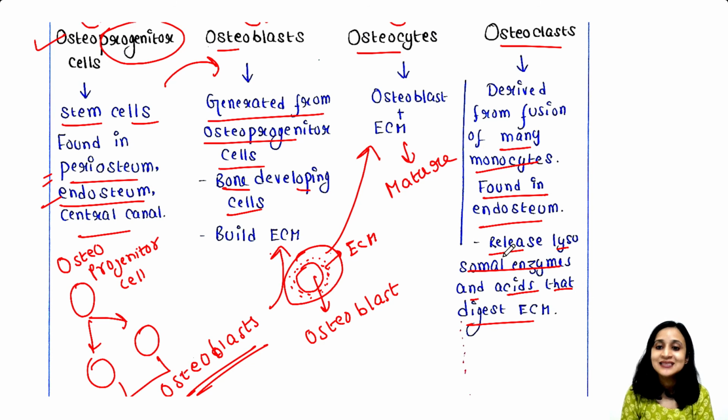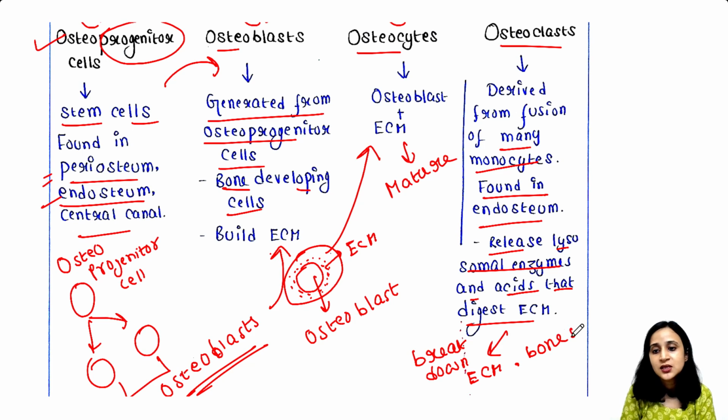So these cells secrete enzymes and acids, and those stuff can digest extracellular matrix. So basically osteoclasts break down extracellular matrix and they break down bones.